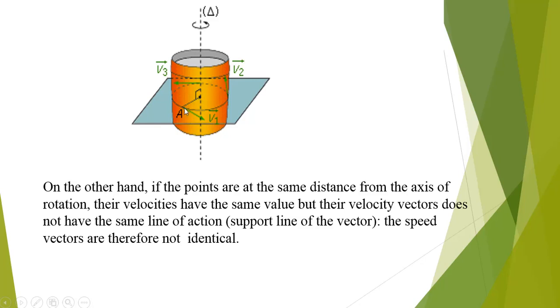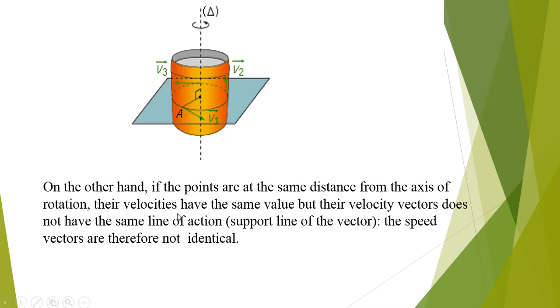For example, if the first point is called A, this B, for example, and this point is called C. A, B, C are situated on the same circle. So, in this case, this is the velocity vector v1 relative to A, this is the velocity vector v2 relative to B, and this is the velocity vector v3 relative, for example, to C.